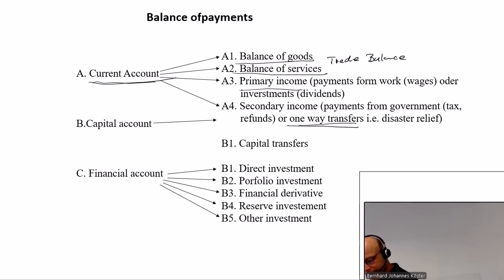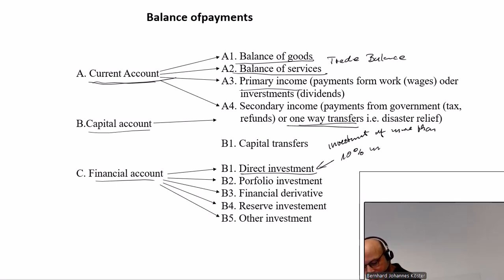then we have the capital and the financial accounts where all the financial interdependencies between the countries are reported, especially direct investment. This is if you hold a part of a company, an investment of more than 10%.